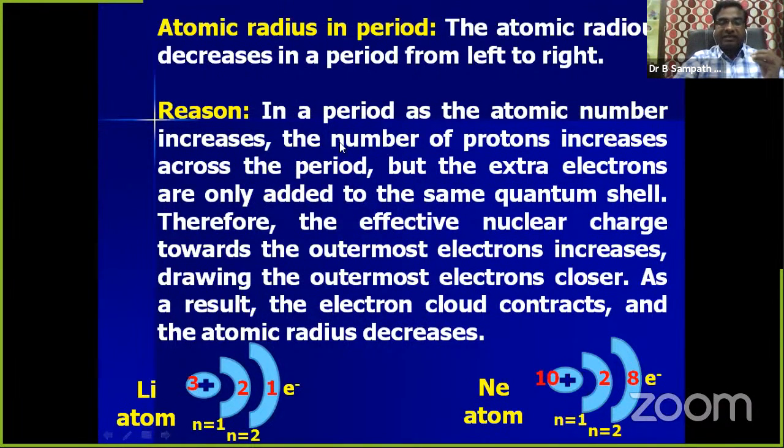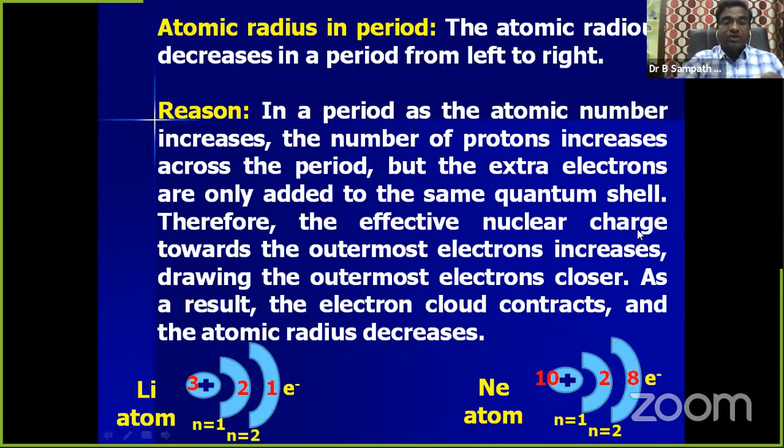See children, once again I will read out this one. In a period, as the atomic number increases, the number of protons increases across the period, right? Number of protons increased. But the extra electrons are only added to the same quantum shell, that is n is equal to 2 only.